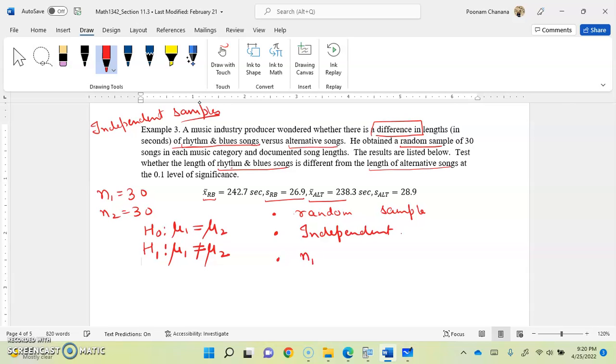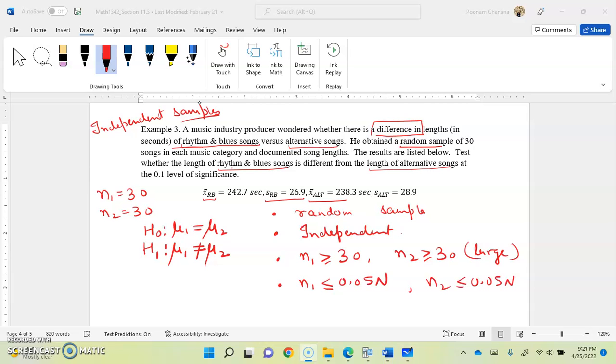For the third requirement, both samples should be at least 30, and in this case they are just 30, so that's large enough. We do not need to check normality. The last one: although both are large samples, they're still smaller than 5% of the population. So our requirements are verified.